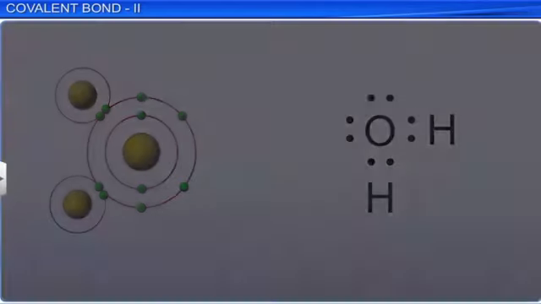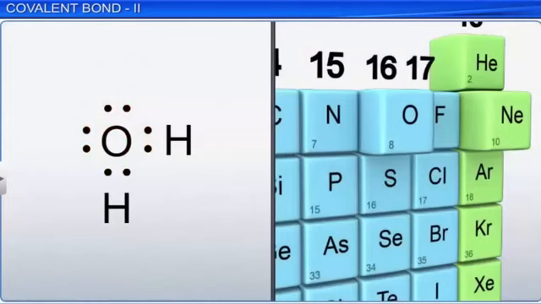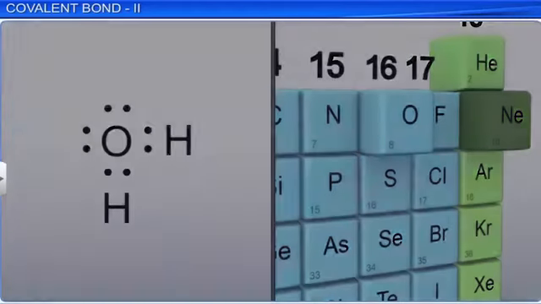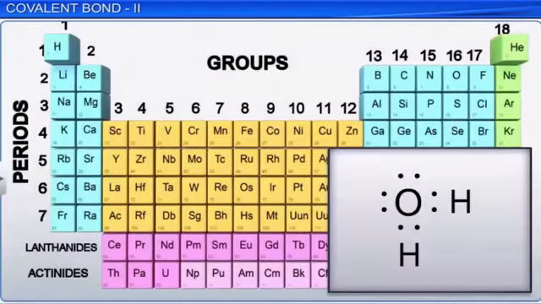In this way, the valence electrons in an oxygen atom will be 8, and thus, oxygen gets the stable status of its nearest noble gas, neon. On the other hand, by sharing 1 electron of oxygen each, the hydrogen atoms will have 2 valence electrons each. It will get the configuration of helium.